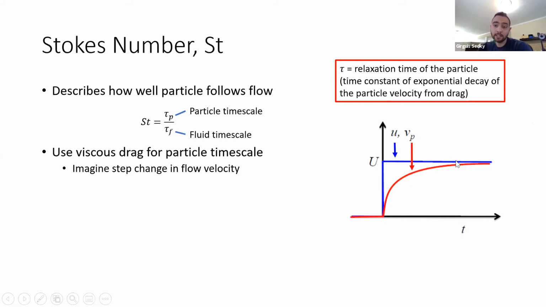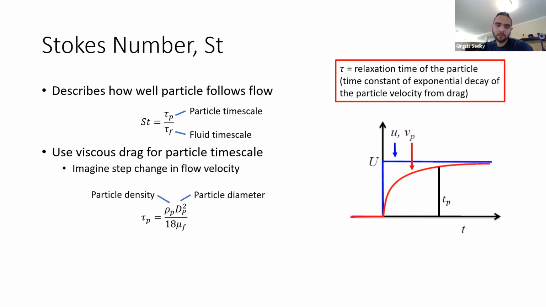A particle that takes a while to get up to speed is a particle with a high time scale. A particle that immediately follows the forcing velocity has a low time scale.